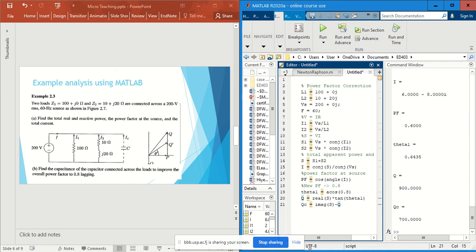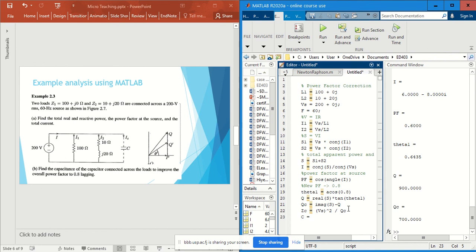So now we have to size the capacitor. To size this capacitor, you remember, first we have to find the capacitive reactance, which is Zc equals Vs squared divided by Qc. Once we know our capacitive reactance, we can find the value of C needed.